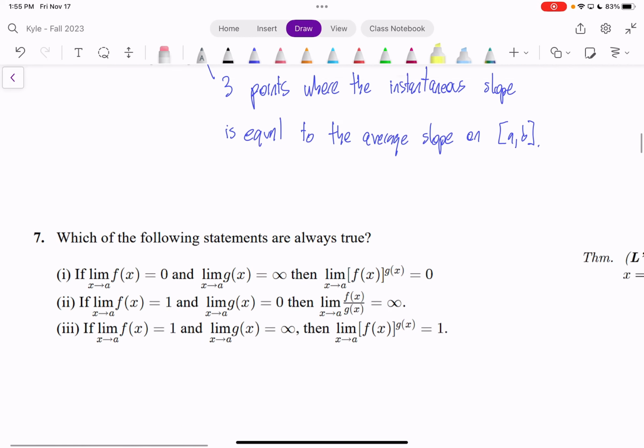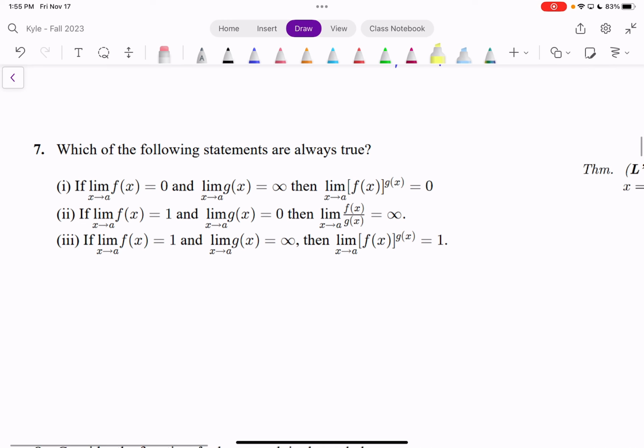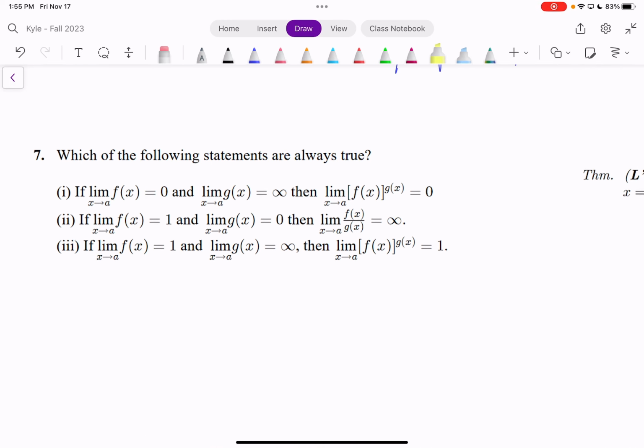We'll press on. Question 7 asks, which of the following statements are always true? I'm going to pause this for a second. I know the multiple choice options will give a slightly reduced number of possibilities, but I'd like us to take a look at some of these, and we're going to vote on them in a sec, because there's one in particular that tricks a lot of people. Take 30 seconds, digest it for yourself.